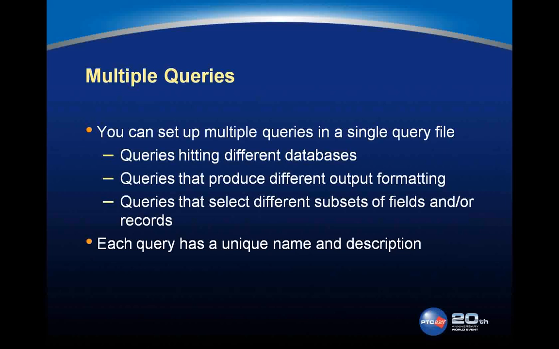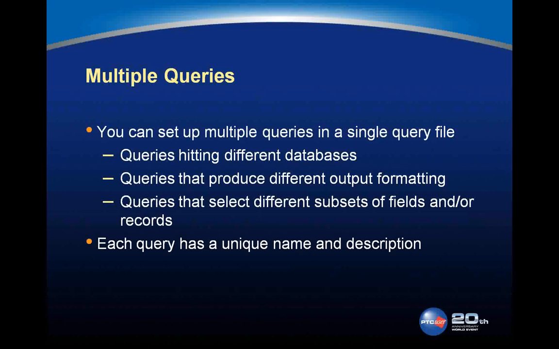You can set up multiple queries in a single file. So a single DMF file can have multiple queries in it. And so you can have queries that hit different databases or different tables within the same database. Queries that produce different output formatting. So you could have one query that formats the results as a table, and another query that takes the same data and formats it in some other format using an XSL transformation.